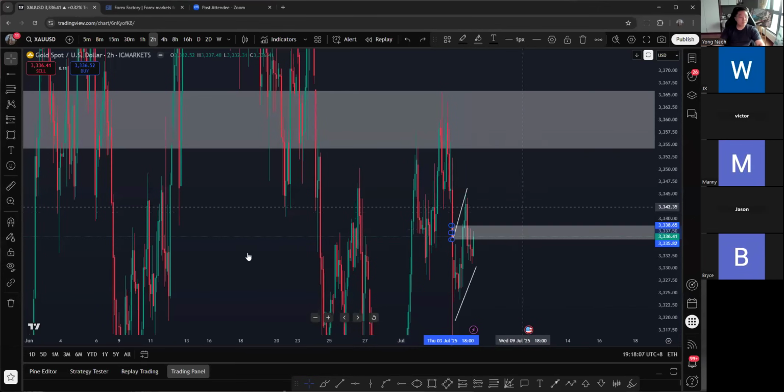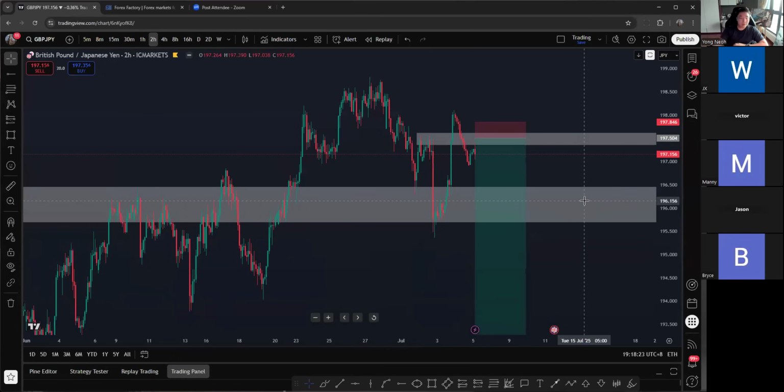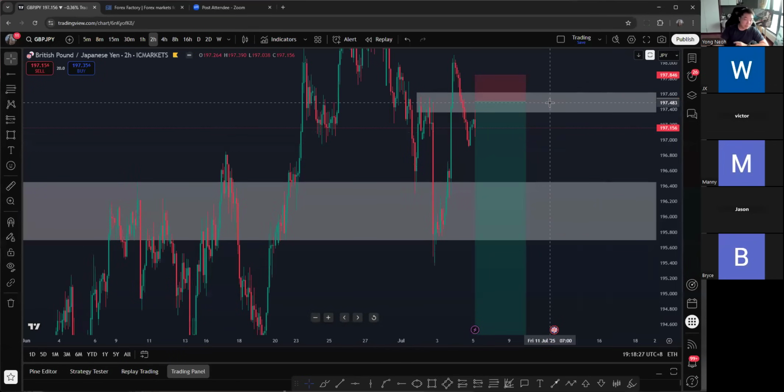Yeah, makes sense. So Jason asked, would it be an A plus setup if price broke below the 196 support zone, then short it right now? Yeah, that's what we've been talking about as well. And that's why I say this is an aggressive entry, Jason.